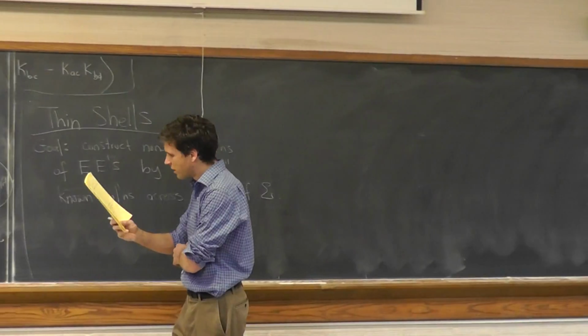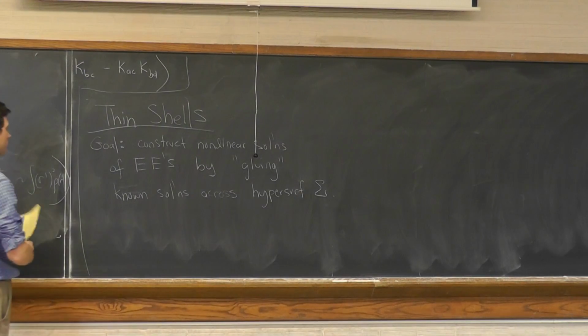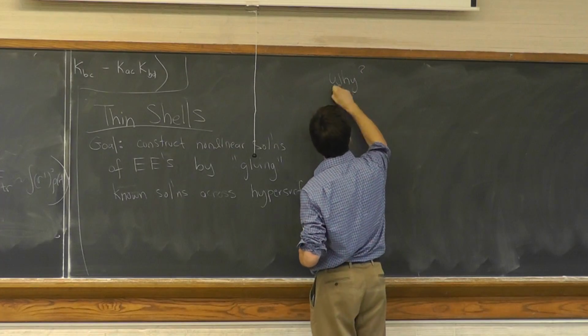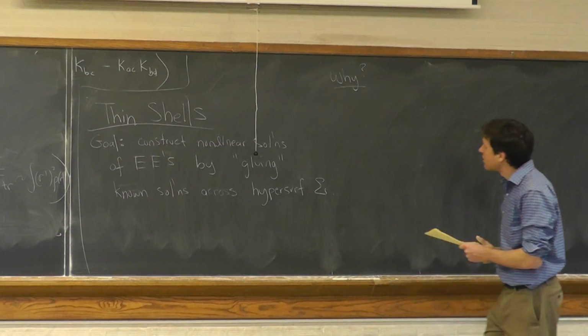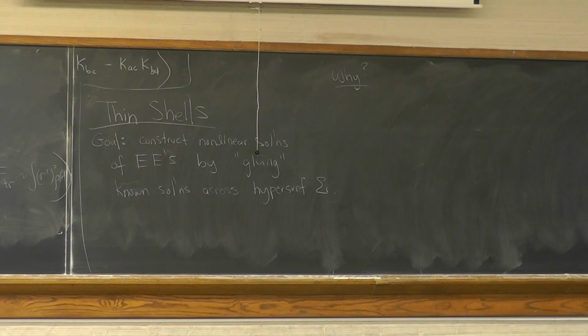The answer is basically that nonlinear gravity is really hard, and we just have very few analytic solutions to work with. We have the Schwarzschild solution, we have lots of linearized solutions like gravity waves, but in general, finding nonlinear solutions, especially in time-dependent situations, is just extraordinarily hard.